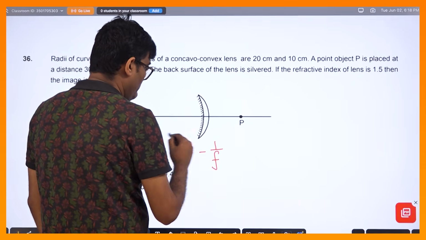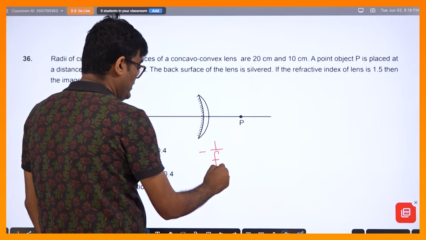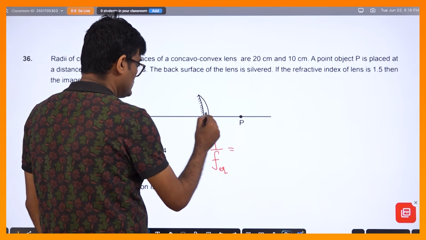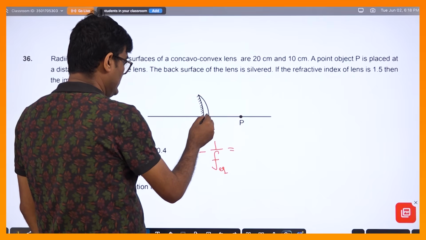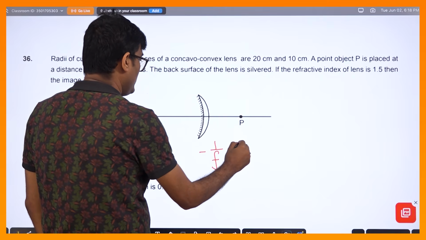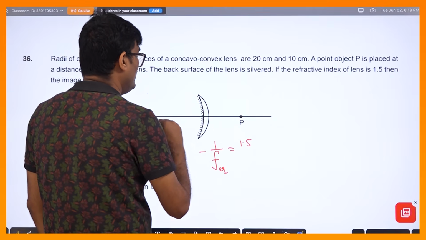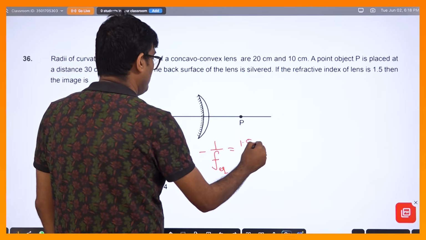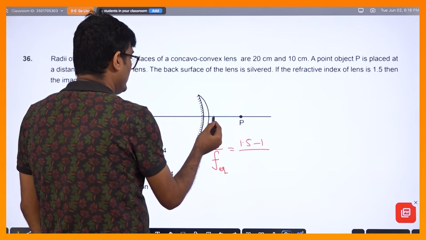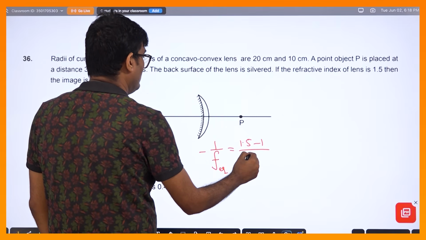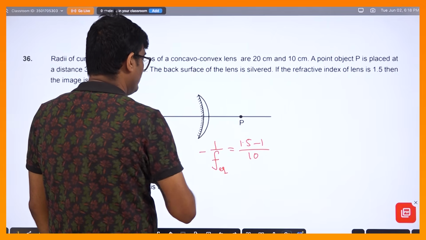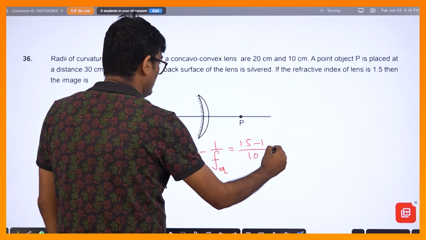it is minus 1 by F of the equivalent mirror, right, is equal to, for this surface it is from air to lens, so it is (1.5 minus 1) by the radius of curvature, which is positive and it is 10. This surface radius of curvature is 20, right?